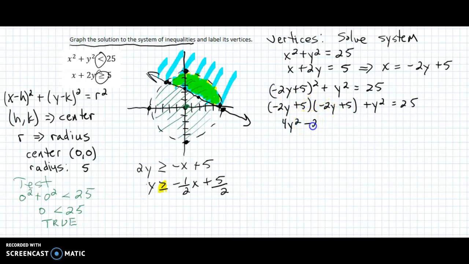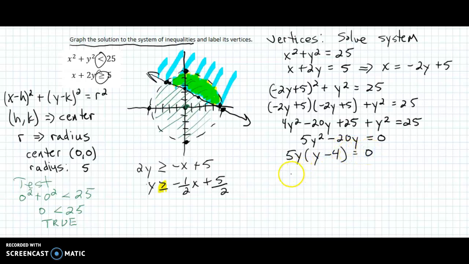Minus 10y gives me minus 20y plus 25 plus y squared is equal to 25. And this is nice because my 25s do subtract to 0. And so it'll be a little easier to solve this guy. I can combine to get 5y squared minus 20y is equal to 0. It's a quadratic, so we'll look to factor, which we can take out a 5y. And that gives me 5y times (y minus 4).